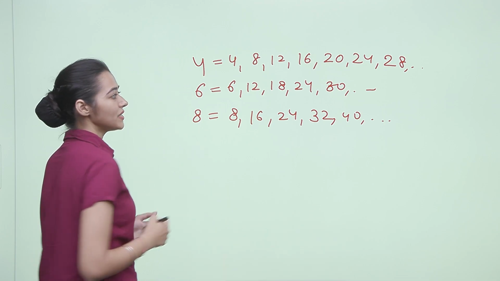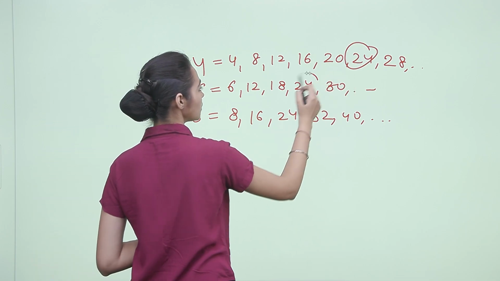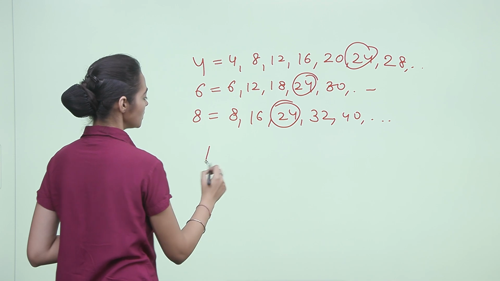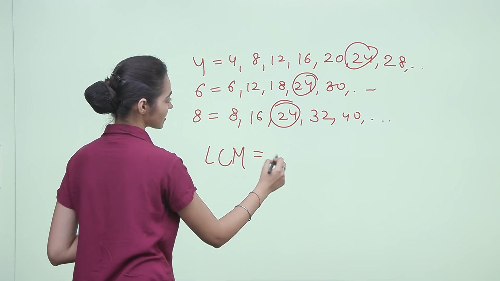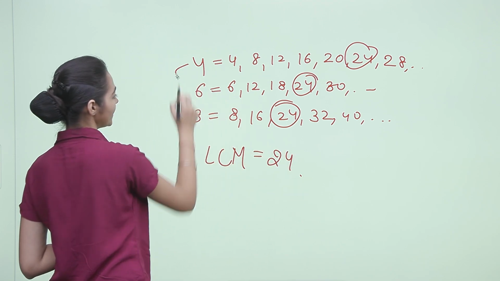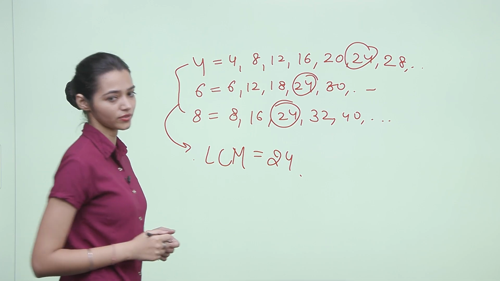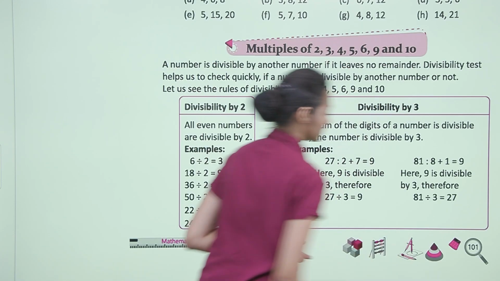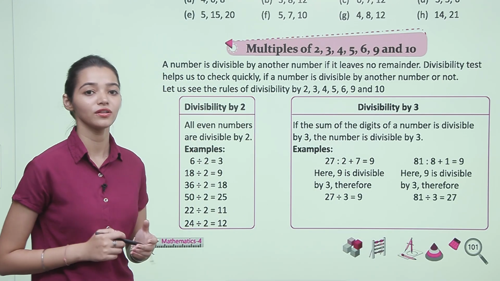So which one is the common? That is 24. So the LCM of all these terms is 24. That's how you can solve the remaining part.